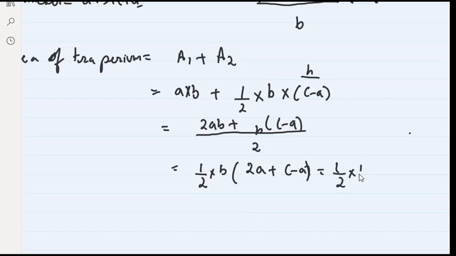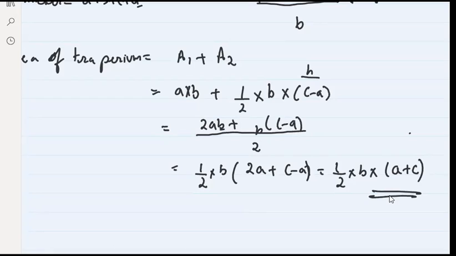Half into B into C. We have taken B common. Okay? Plus. So it is what? It is A plus C. See this, right?